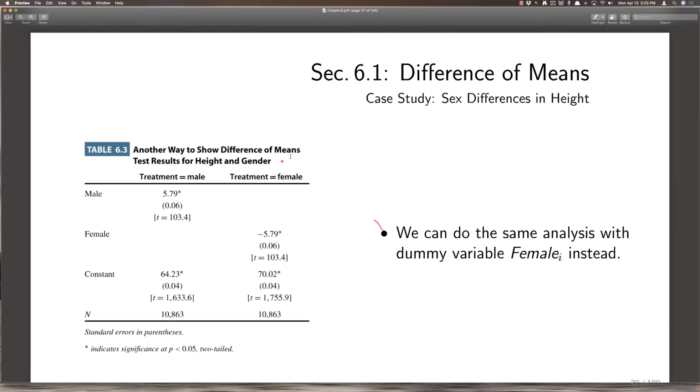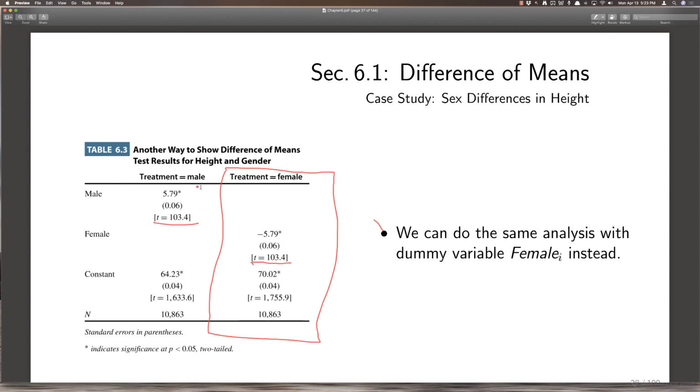So over here, I've done the other version of the model, right? I've run it with female as the variable that gets 1, and non-females gets 0, all right? And so here we see, notice the difference of means, notice the statistical significance is exactly the same, right?